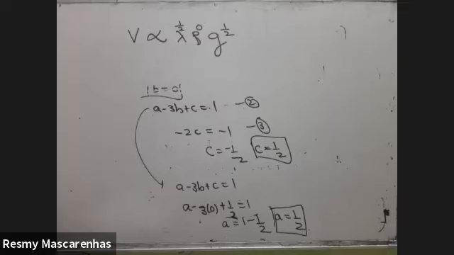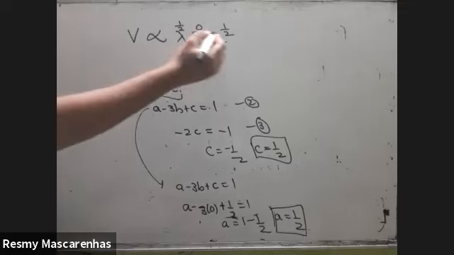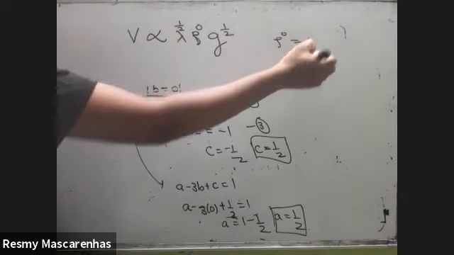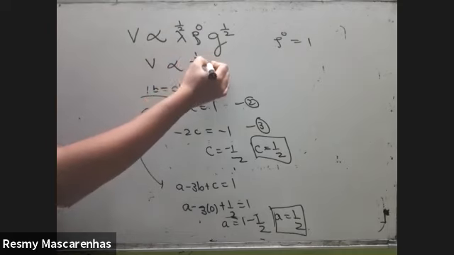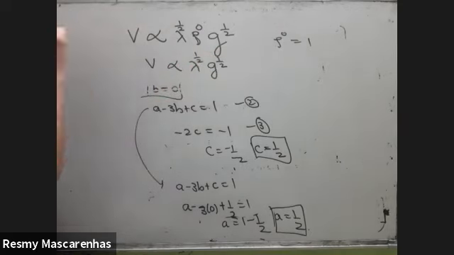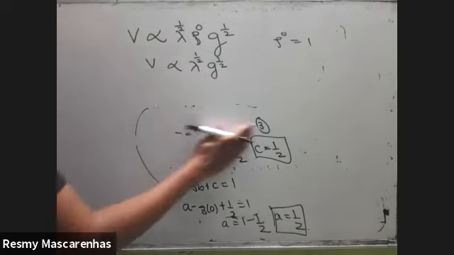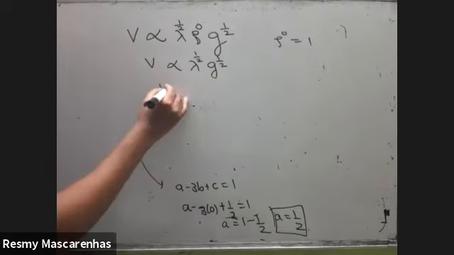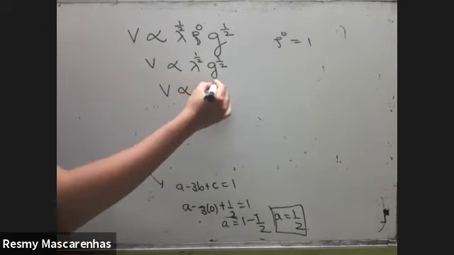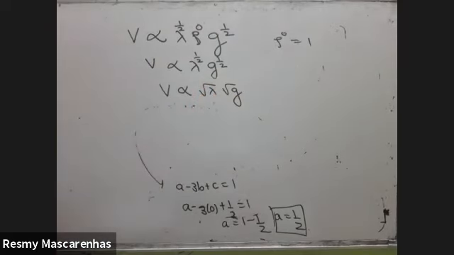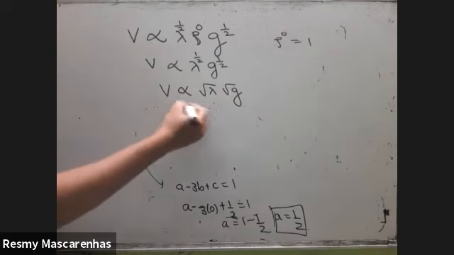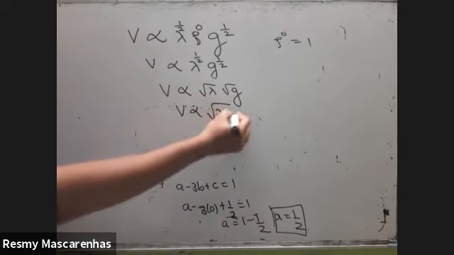Now anything raised to 0 is 1. So that whole thing will go. So what remains is this. Now v equals root of lambda root of g. And both roots you can just put together. This will be our answer.